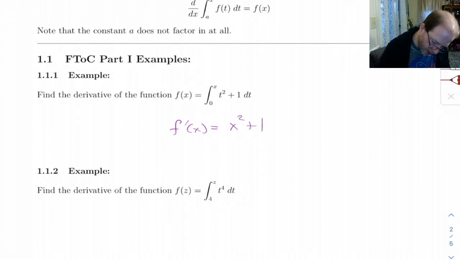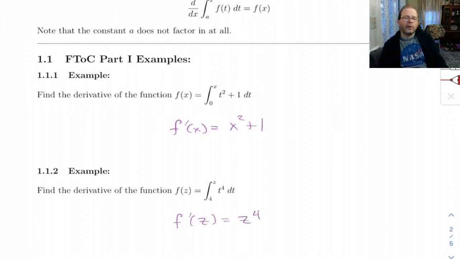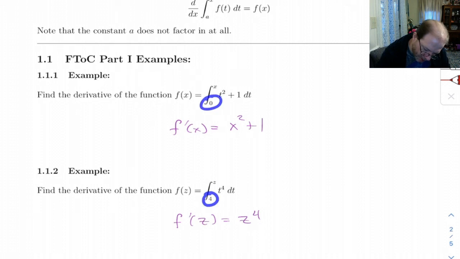So the integral and the derivative undo each other. F prime of z is just z to the 4th. And notice that the other endpoint doesn't really do anything. Up here we had a 0, down here we had a 4. It doesn't matter. You wind up just plugging in the upper endpoint for the variable, and that's all there is to it.